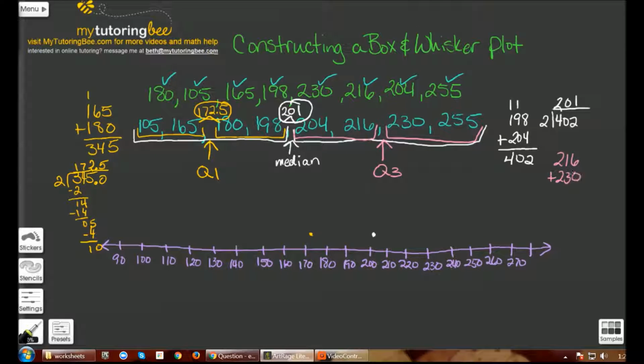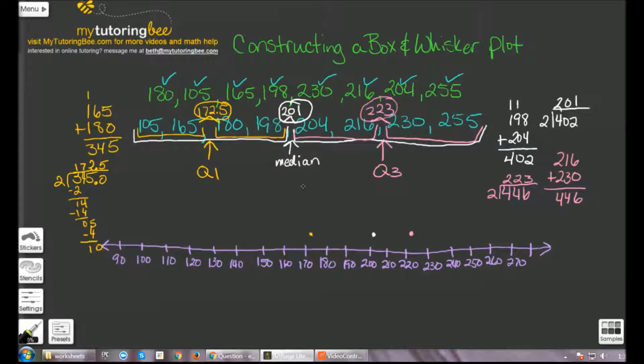So I'm going to add those and get 446, and then divide that by 2. So 2 can go into 4 twice, 2 can go into 4 twice, and 2 can go into 6 3 times. So my third quartile is 223. Just note that up here, and then find it on my number line right there.